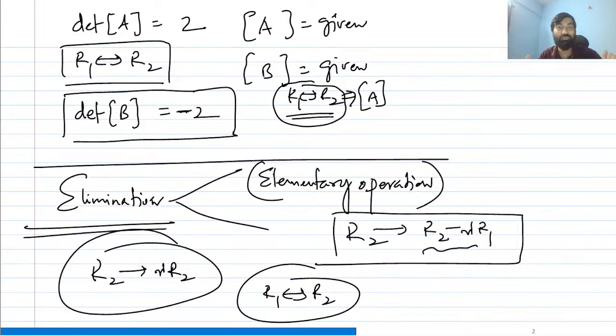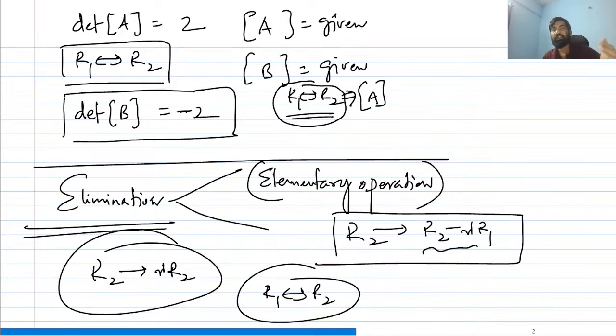What is the fundamental in your mind? You only know the rank of the matrix, the rank of the augmented matrix, and that concept. If you forget that concept, you can't do the question in the exam. But in my class I'm generalizing everything, so you will never get confused.